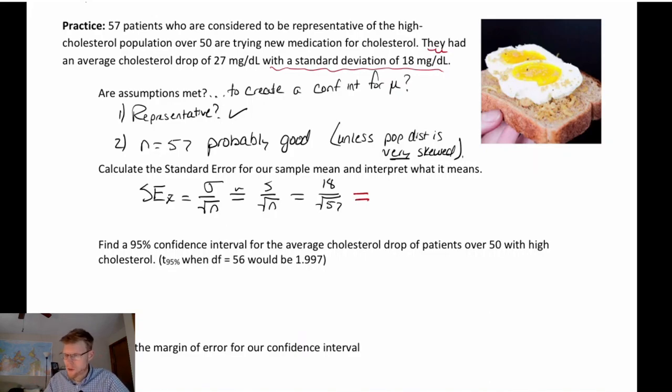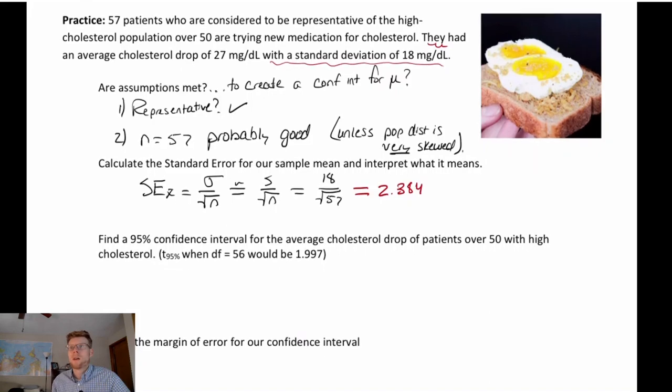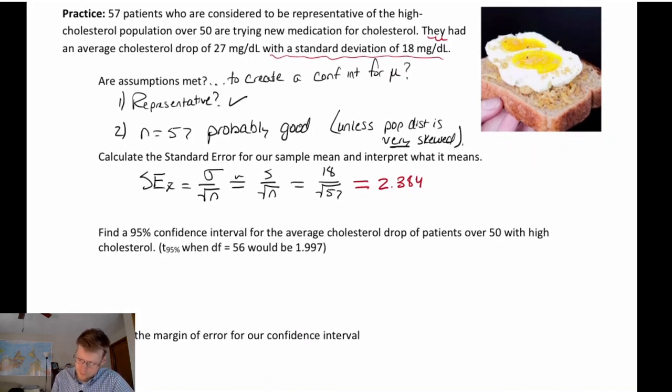So this is going to come out to some value, 18 divided by the square root of 57, and I'm going to get 2.384. And let's interpret what this means.